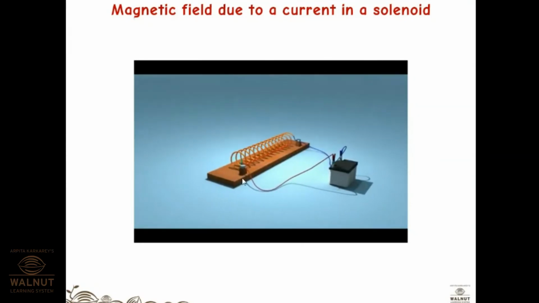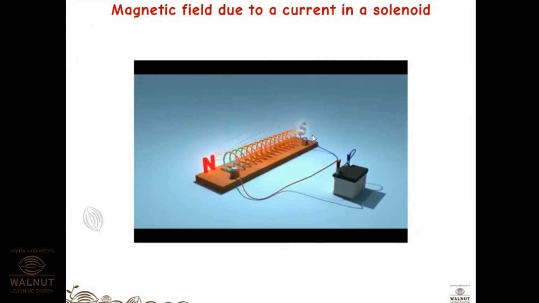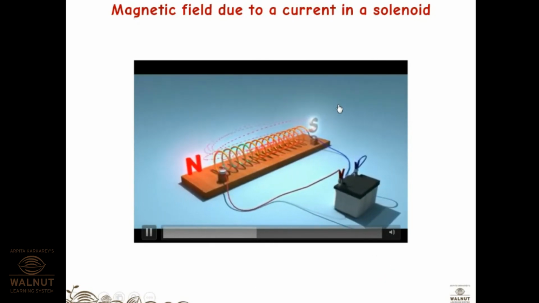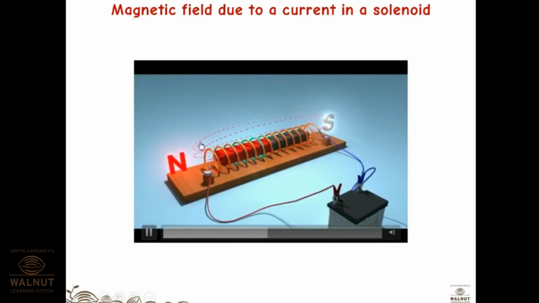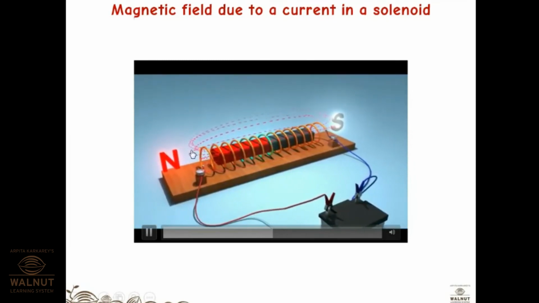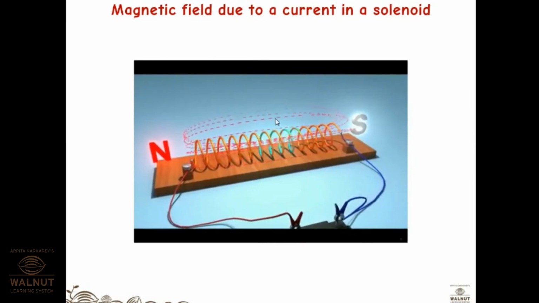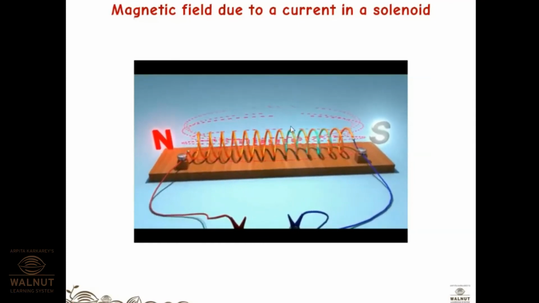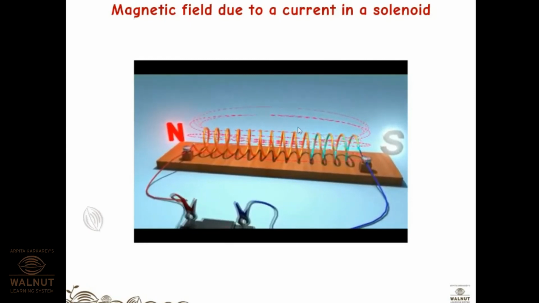Let us pass electric current through the solenoid and observe the pattern of magnetic field lines demonstrated here. The magnetic field lines in a solenoid are the same as in a bar magnet. They pass through the solenoid and return from the other end. The field lines inside the solenoid are parallel to each other.